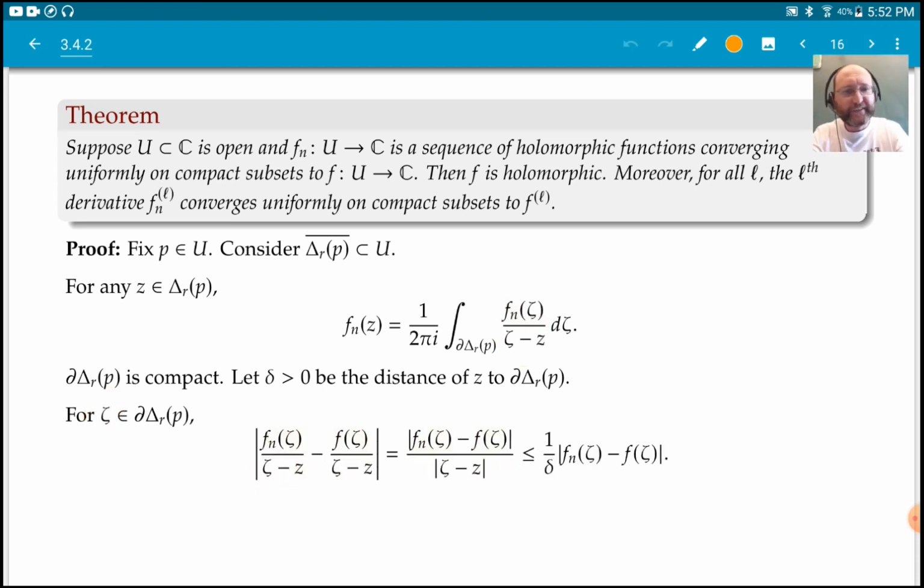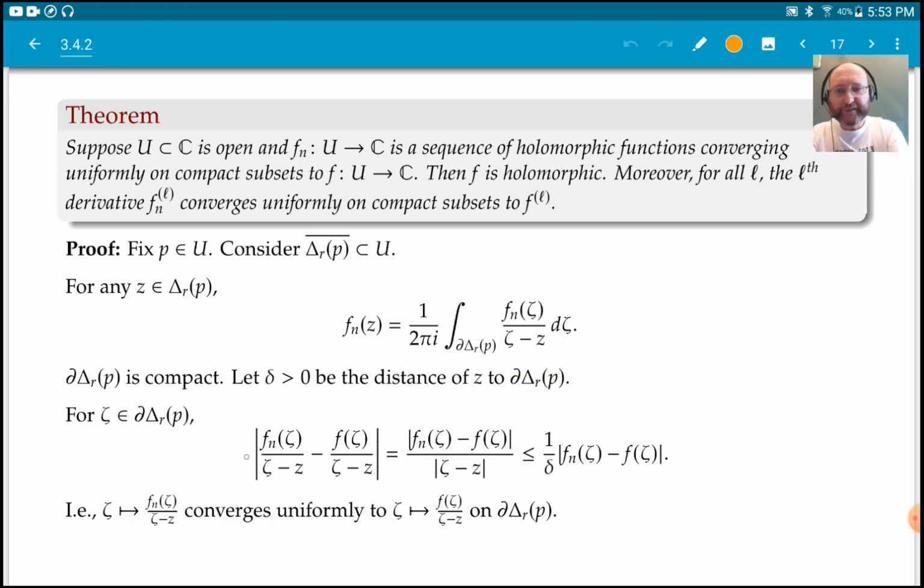And now we can estimate it, because we know that at Z the distance to the circle is delta. That's the shortest distance, so the smallest that zeta minus Z is. I get this estimate: I can bound it by 1 over delta, because that's the biggest 1 over zeta minus Z can be, times the distance between f_n and f.